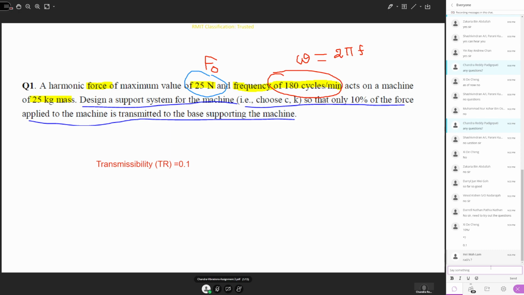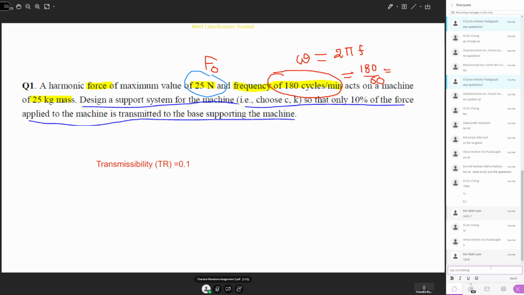180 cycles per minute. So convert into standard units. So you can say it is 180 over 60. That's correct, Dichen. So that means this will be 3 cycles per second. So convert into radians, radial frequency. So 2 pi into f, that is 6 pi.